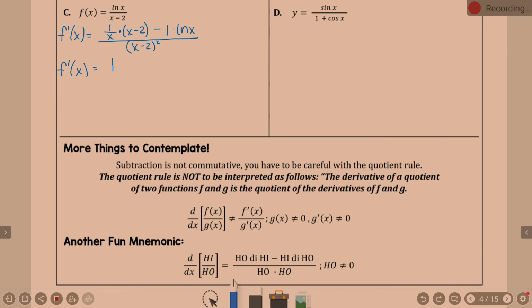Obviously, I did not say what my brain thought I said. Okay, thus the answers from you guys. Got it. Okay, and then minus, what's 1 over x times 2? 2 over x. And then minus 1 times ln x is just ln x over x minus 2 squared.